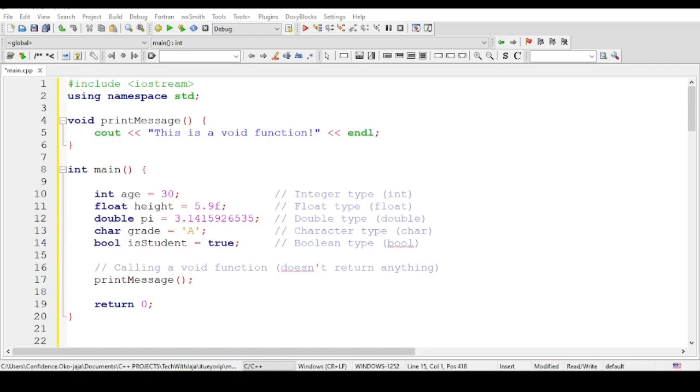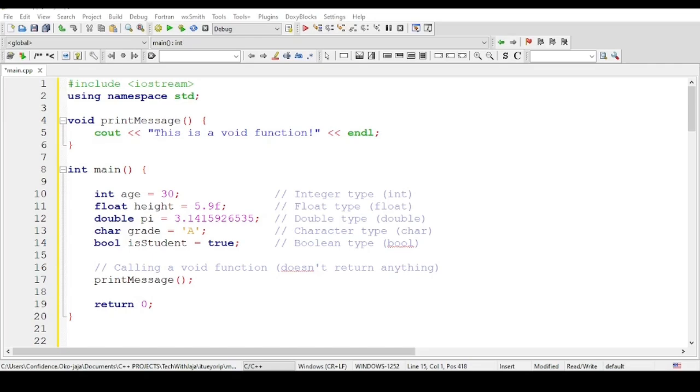Letters like A, B, C, or Z fall under the category of characters. True or false statements are categorized as yes or no replies, also called the Boolean types. By categorizing data into types, we can decide how to store it, how much memory it will take, and what operations we can perform on the data.